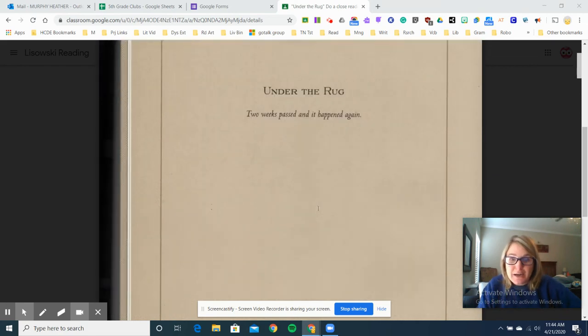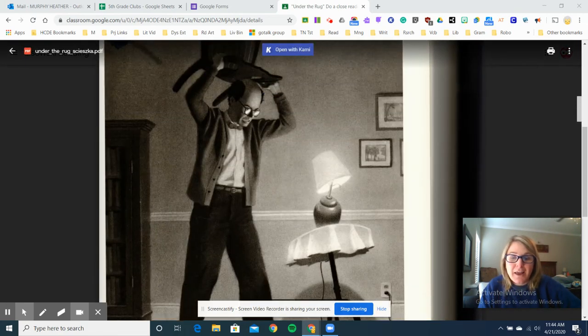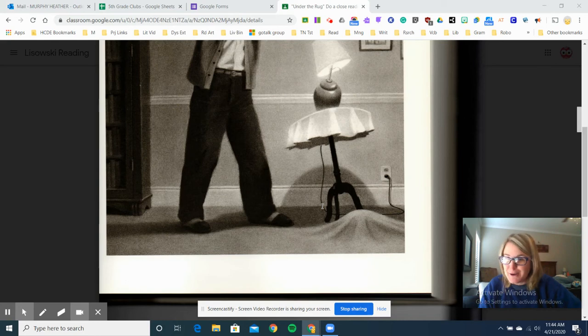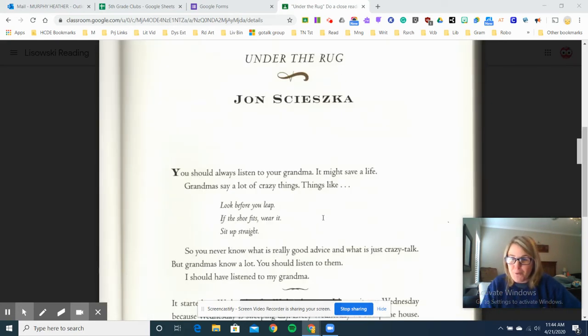Throughout this story, there are italicized words, which is great. And I think the picture is interesting too, because it's this older, middle-aged guy who's wearing a sweater and house slippers. We might think of it as a boy, but the way Chris Van Allsburg drew the picture, it looks more like an older gentleman who lives with his grandma.